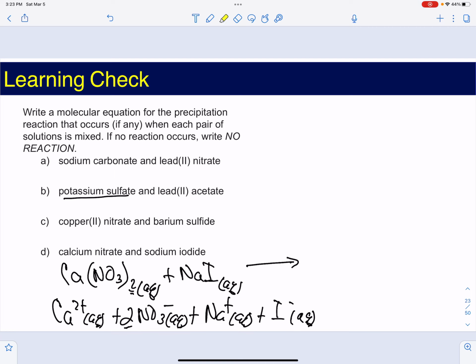So when I combine my positive with my new negative, I'm going to get my calcium iodide, and we're going to check the table to see what that's going to be.